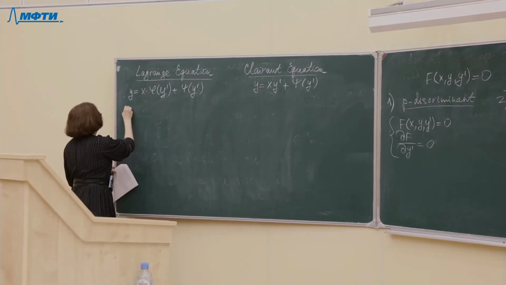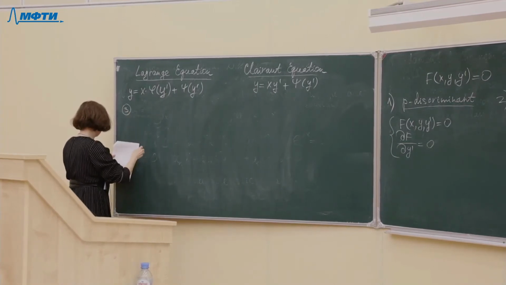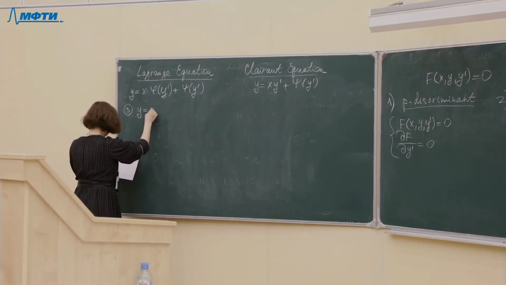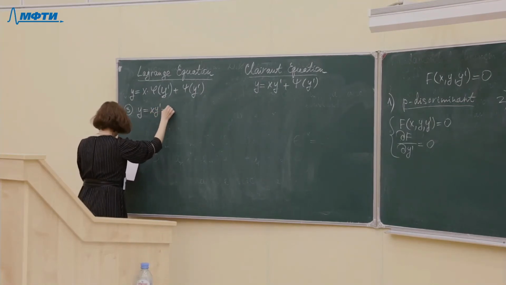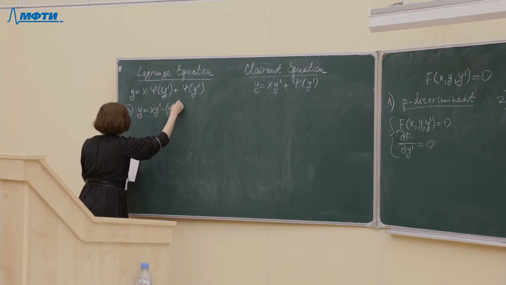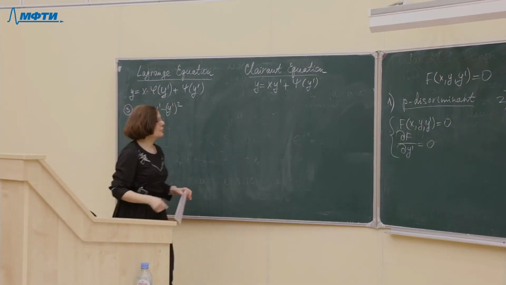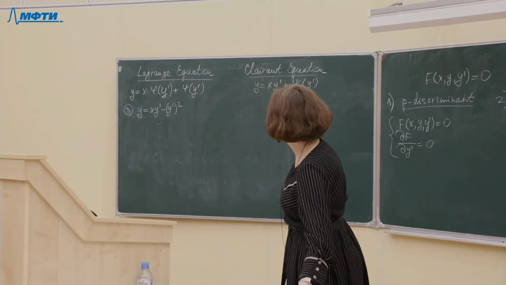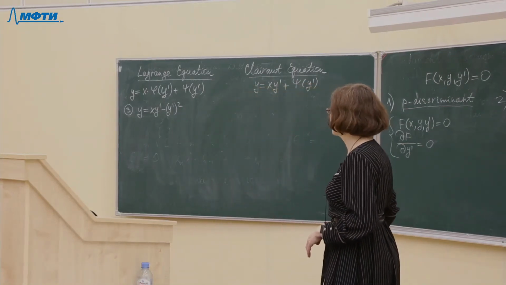So it will be task number 3. y equals xy prime minus y prime squared. So find a general solution and find a singular solution of this equation.